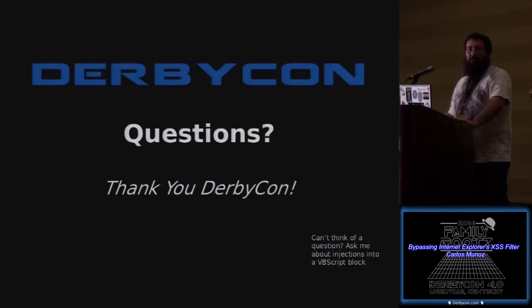I was wondering if you could compare and contrast Mozilla's response when reported in Firefox versus Microsoft's response. So the question was about the differences between reporting this to Microsoft versus Mozilla. Firefox does not have a cross-site scripting filter, so there's nothing to report to.